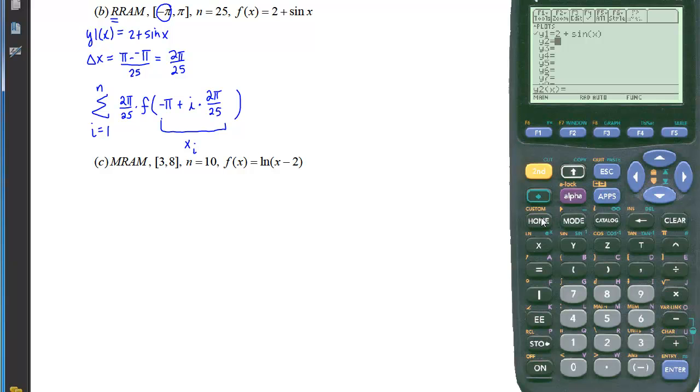I'm going to go to my home screen, access the sigma, which is number 4 in the calculus menu, and then I'm going to type in the innards of that sigma, which is 2 pi divided by 25 times the function outputs, which will be y1 of my a, which is negative pi, plus multiples of my delta x.